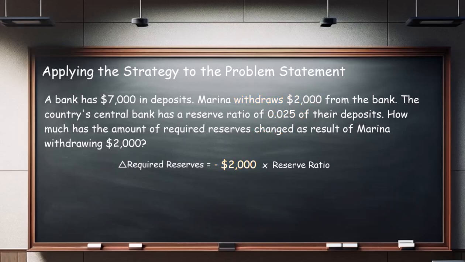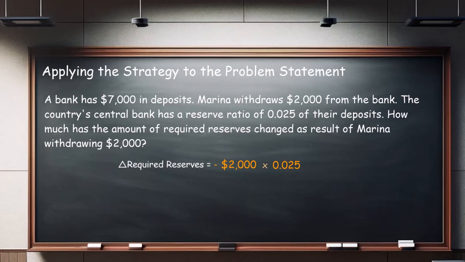3. From the problem statement, locate the reserve ratio and substitute it into the formula. In the problem statement, the central bank set the reserve ratio to 0.025. So, let's substitute 0.025 from the problem statement into the formula for the reserve ratio. 4. Multiply the amount of the withdrawal by the reserve ratio. The amount of withdrawal from the problem statement is a minus $2,000 from the bank's deposits, and the reserve ratio is 0.025.